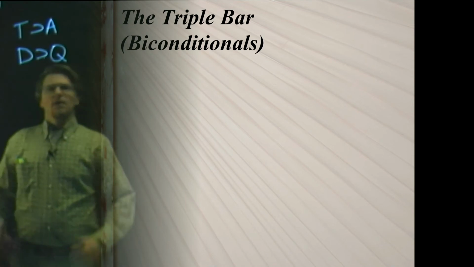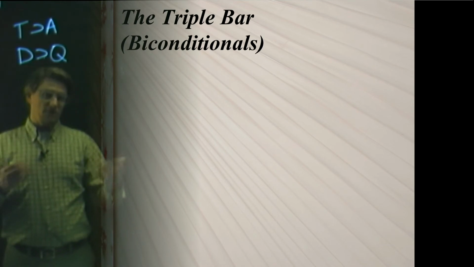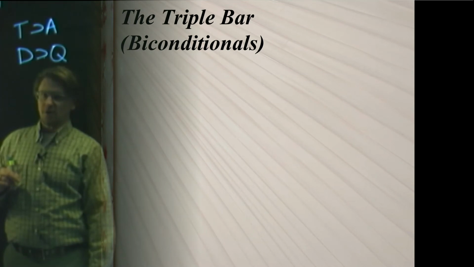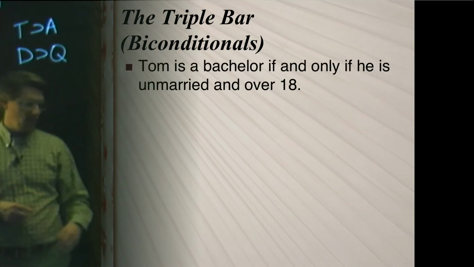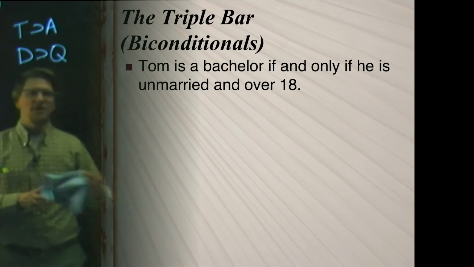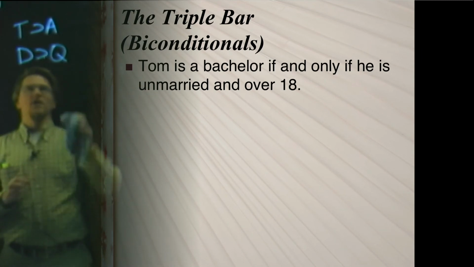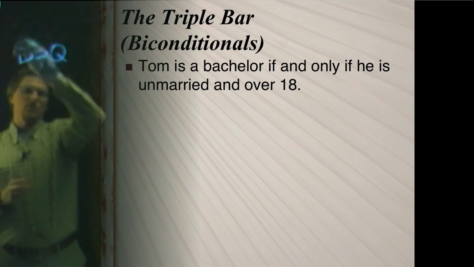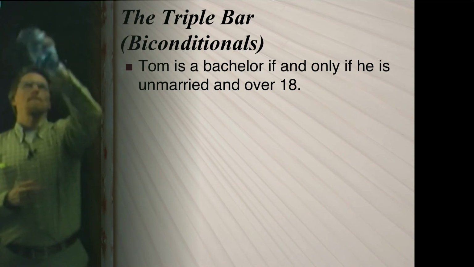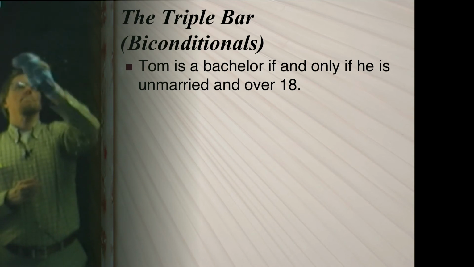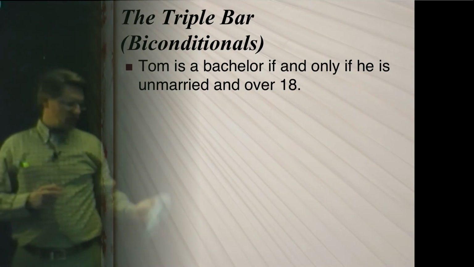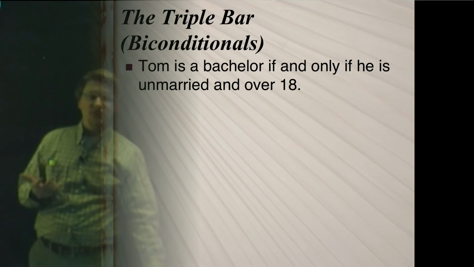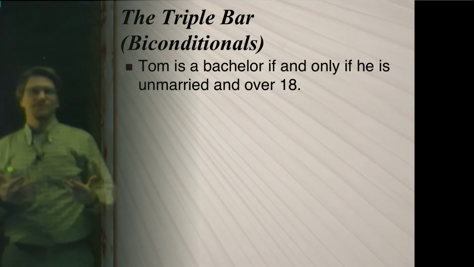All right. Now, finally, of all of these operators, this will bring us to the triple bar when we're dealing with biconditionals. And so we'll look at this example. Tom is a bachelor if and only if he is unmarried and over 18. So, as I indicated at the very beginning, the triple bar is used to translate this somewhat strange phrase, if and only if.